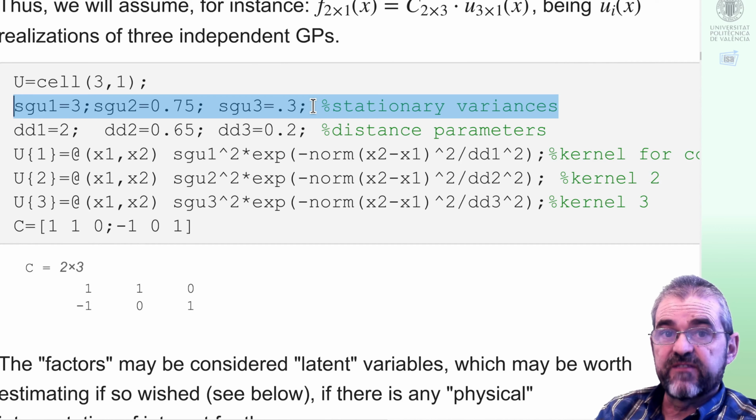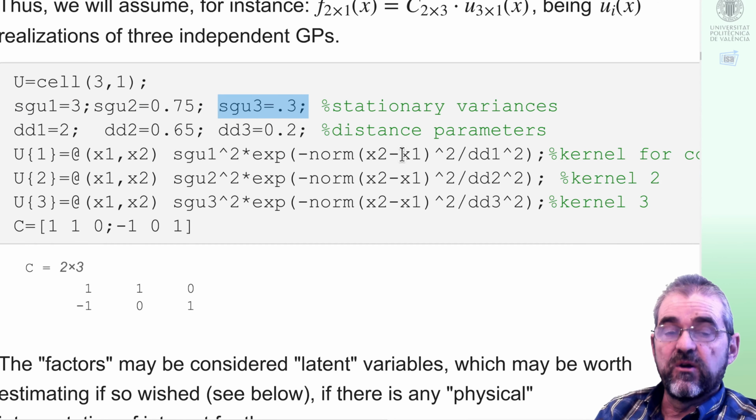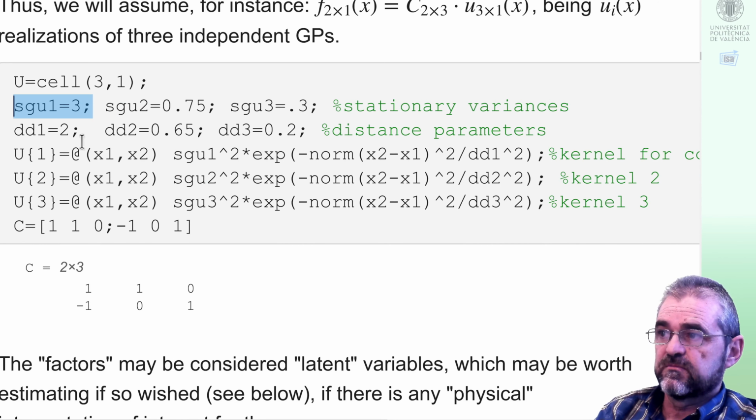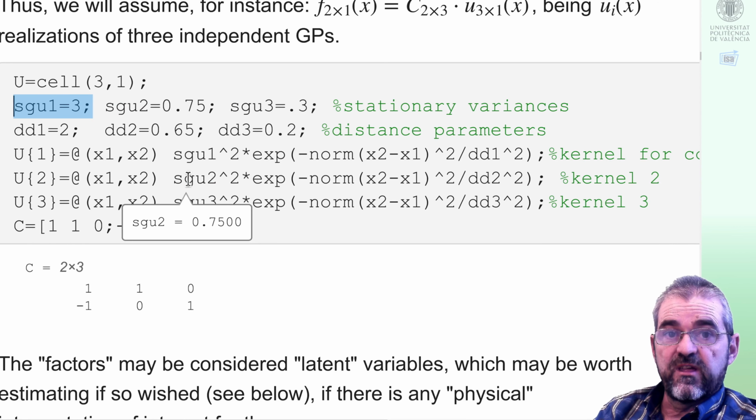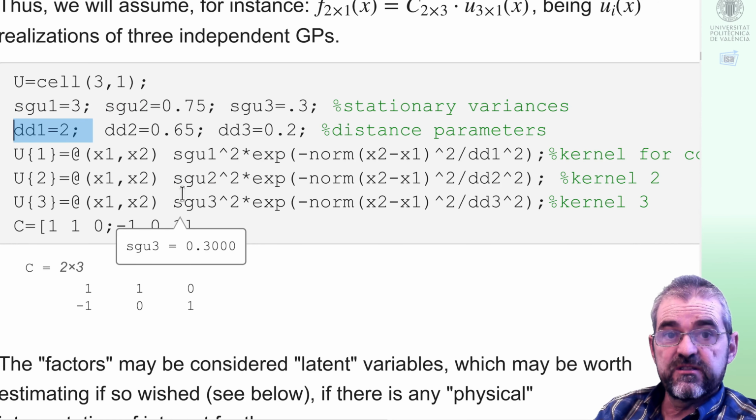So its effect is very small compared to the effect of the other components. So we have a very low signal to noise ratio, let's say, in order to precisely estimate this low variance component.